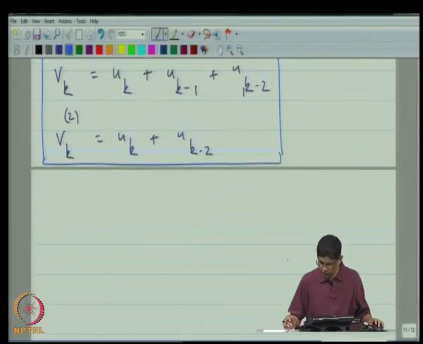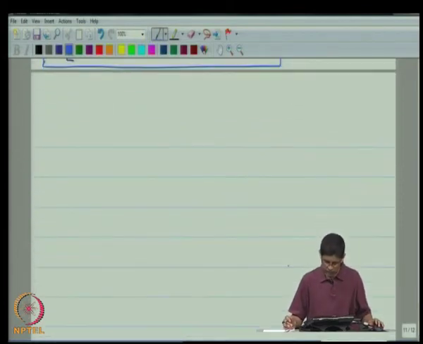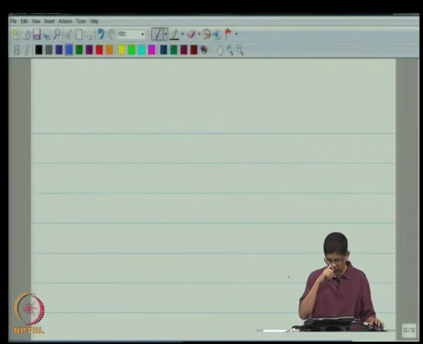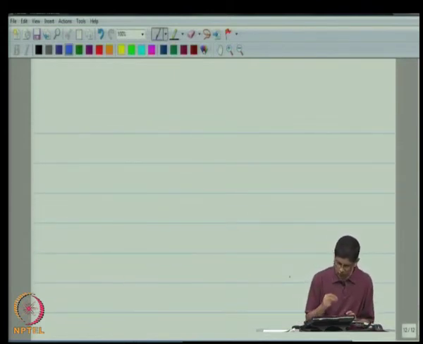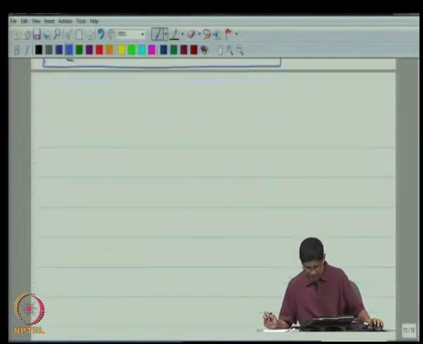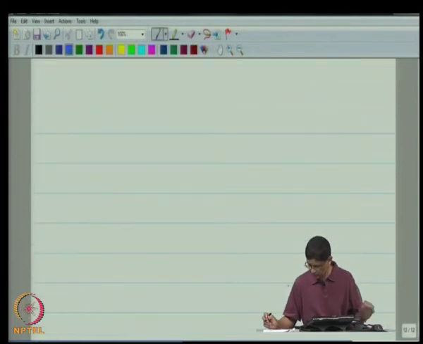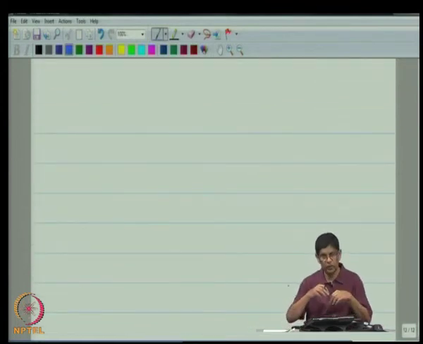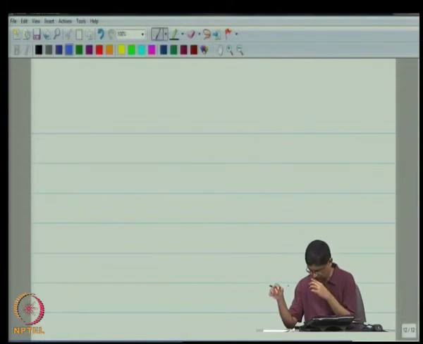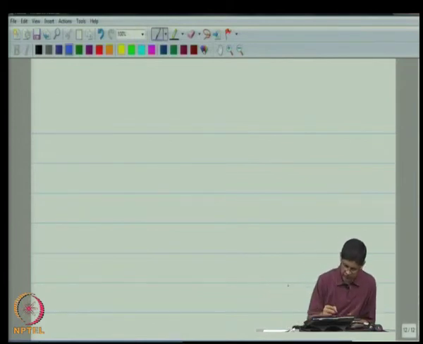Now convolutional codes belong to a class of codes which are known as tree codes. So why are they called tree codes? Because you can actually represent each code word as corresponding to a path in a tree. So let me draw the tree and try to make things clear that way.